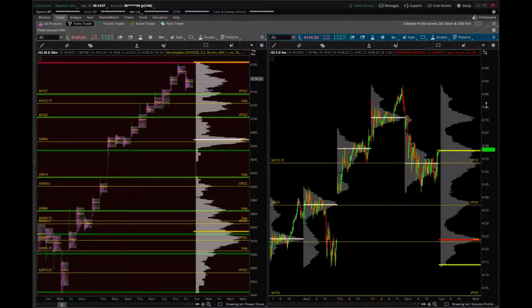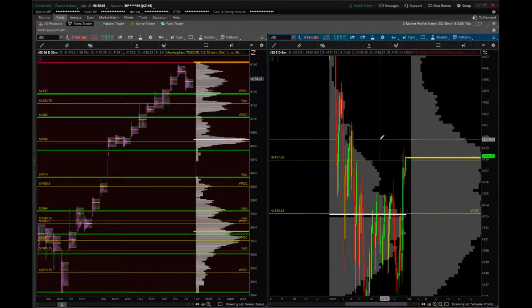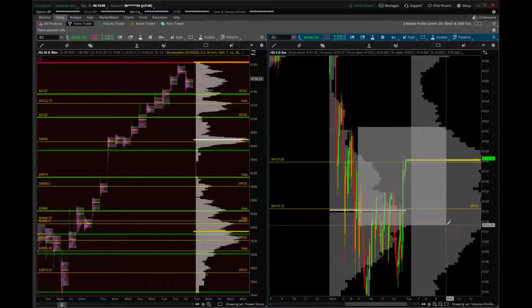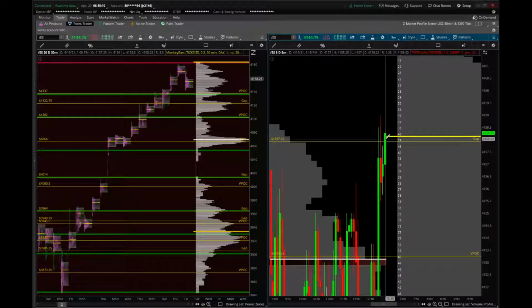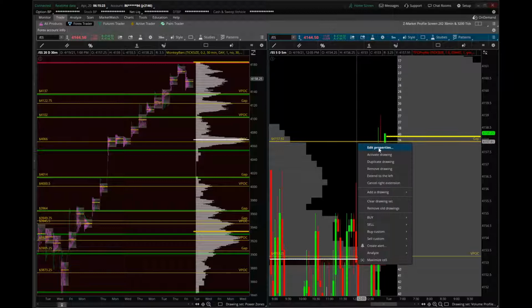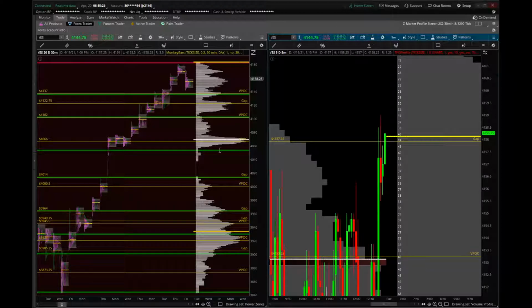We also have a gap, so I'm going to duplicate this, move this all the way up here, and then zoom in to get the exact gap number that I'm looking for. So I'm going to put my mouse directly over this candle. Up here you'll see close, the C. So we're at 41.58 and a quarter. So I'm going to come over here, go 41.58 and a quarter. And this is how I set up my gaps and VPOCs.